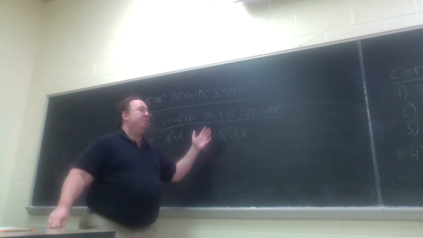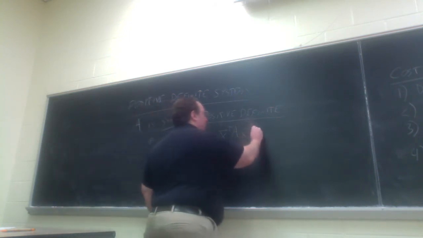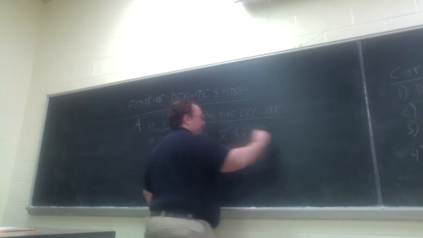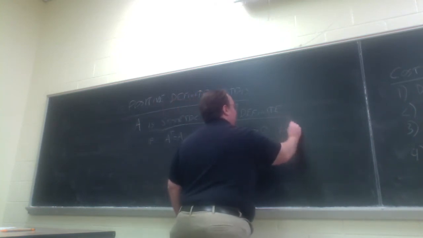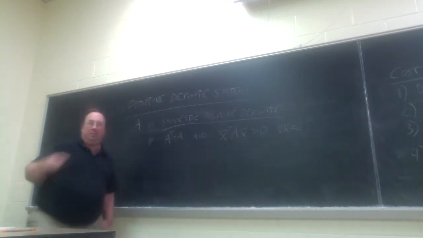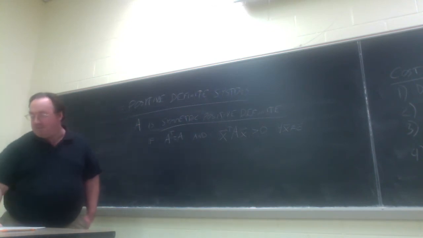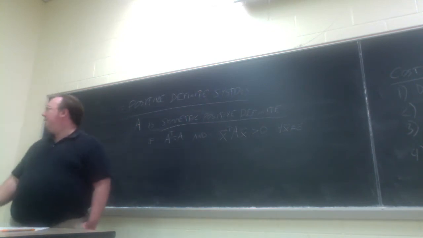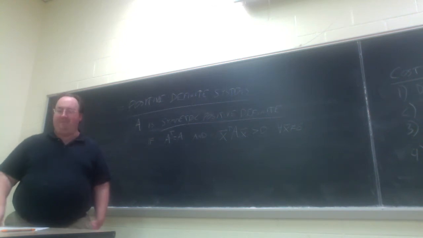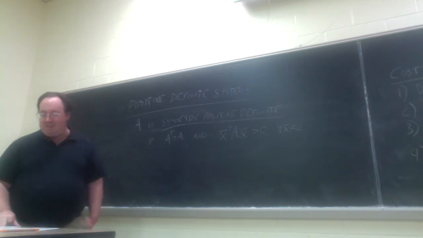So it's a dot product of x with Ax. It must be strictly positive for any non-zero vector x. I mean, if x is 0, it's going to be 0, there's no getting around that. But otherwise, it needs to be strictly positive.